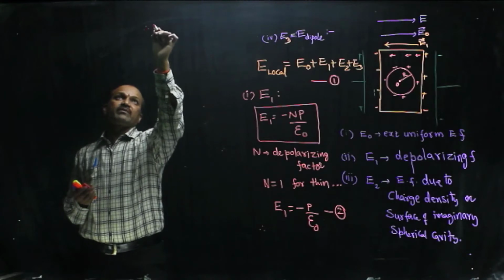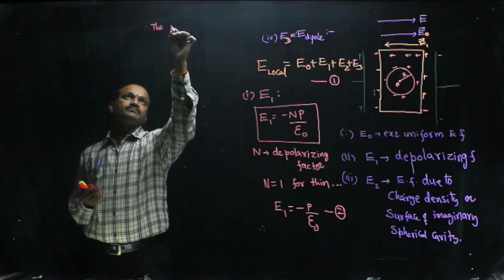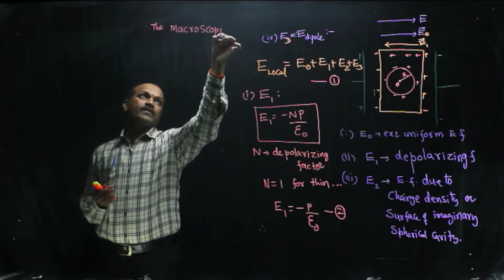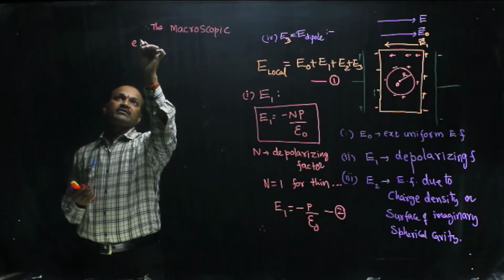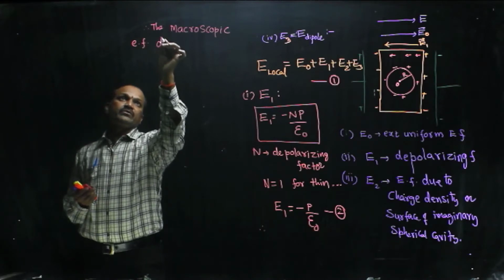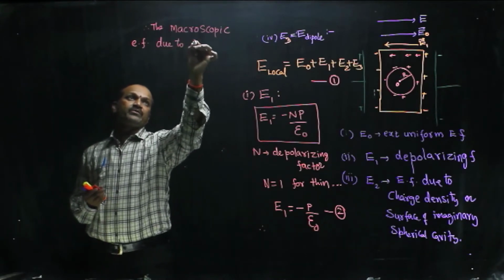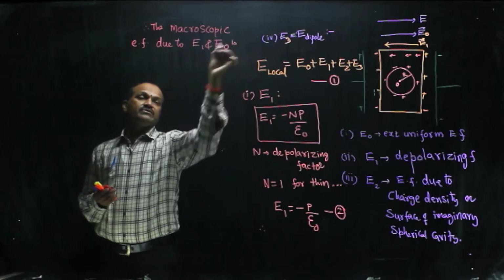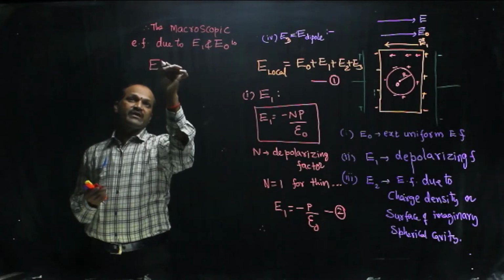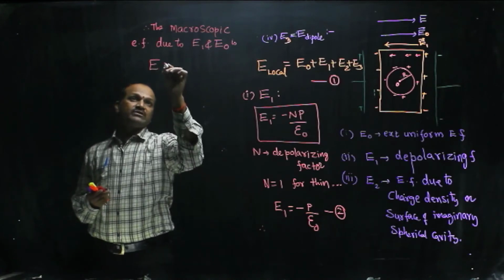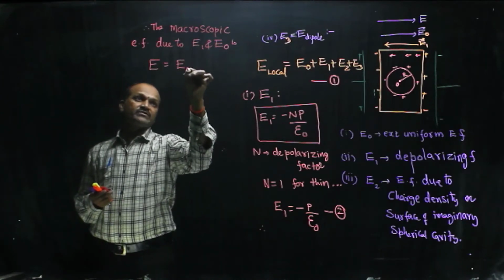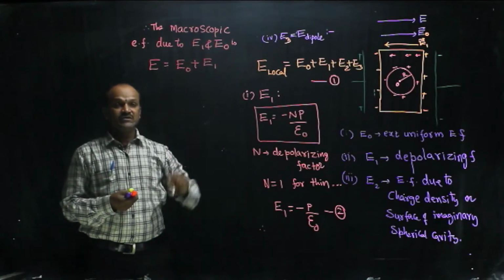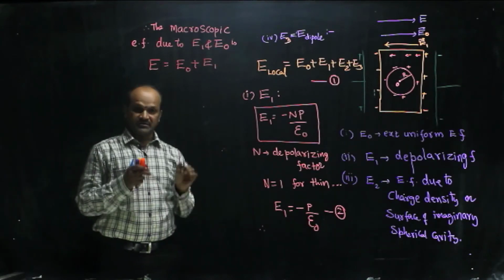Therefore, the macroscopic electric field due to E1 and E0, let us take it as E. So E is equal to E0 plus E1, right?